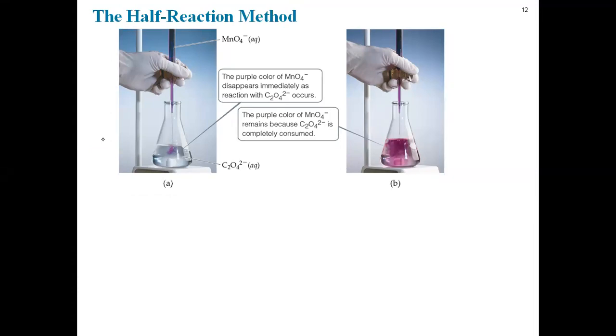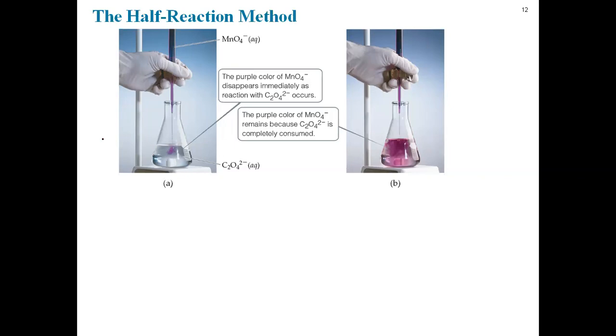You can see from the picture, once you add this purple MnO4 negative, called permanganate, into the solution, if there is still C2O4 negative in the solution, then the purple color of the MnO4 negative disappears.